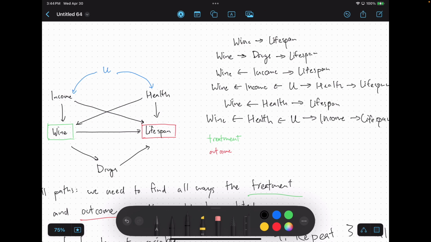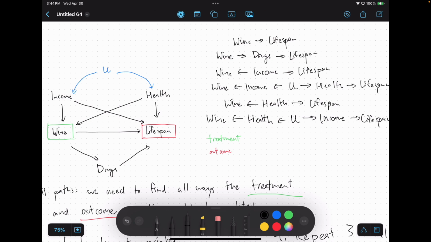Because income is not changing, and so you don't have an ability to get any information about how that relates to changes in wine and lifespan. That has to be coming from other sources of variation, and so that path is closed to you, right?